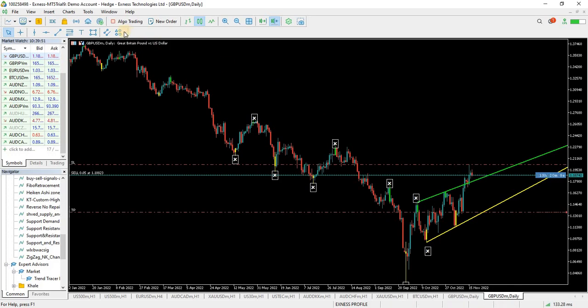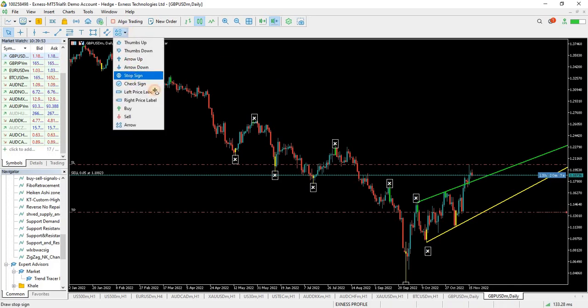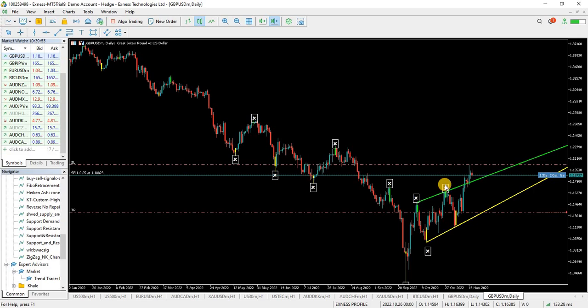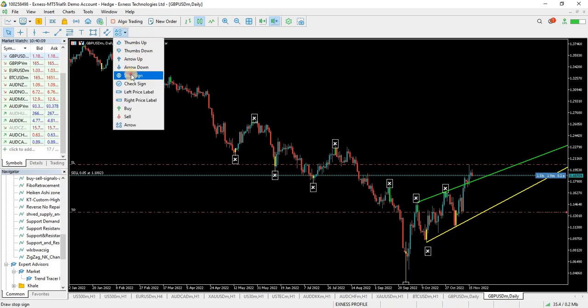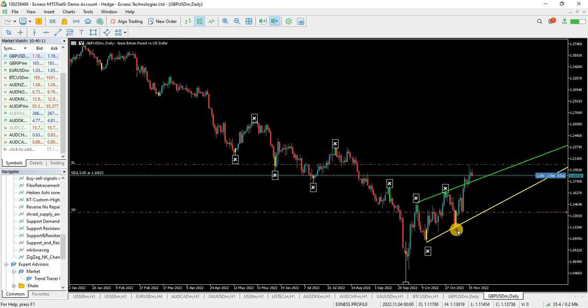Now what do we see? We see new highs are being formed. This high is higher than this high, and then what do we expect? We expect a new low to be formed that is higher than the previous low, and this is what happened. That's what happened.